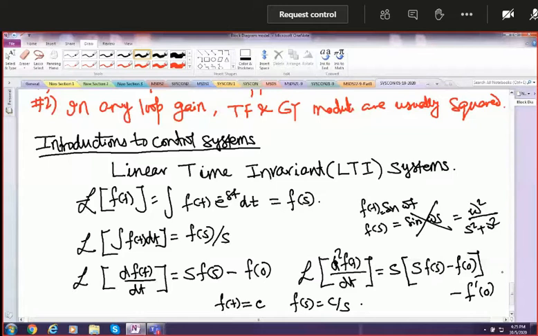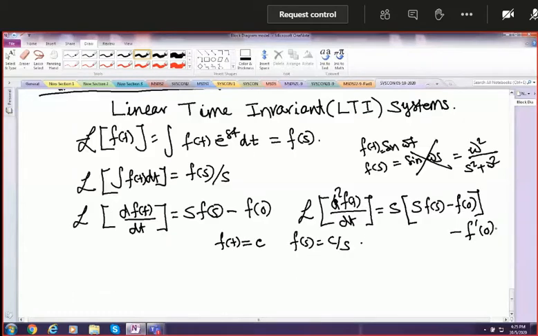As you go on like that, for derivatives and other things you will get f(0), f dash 0, and so on. Then the Laplace transform of a constant: I am writing it u_s(t), which is equal to 1 by s. u_s(t) is the unit step function.